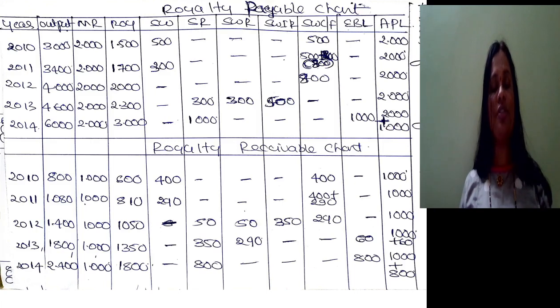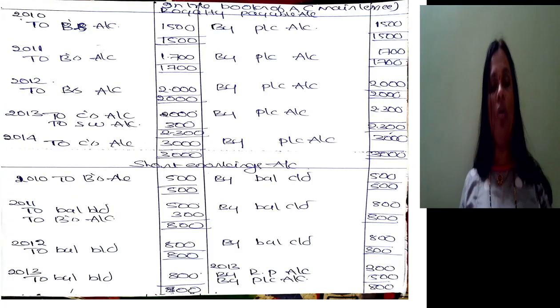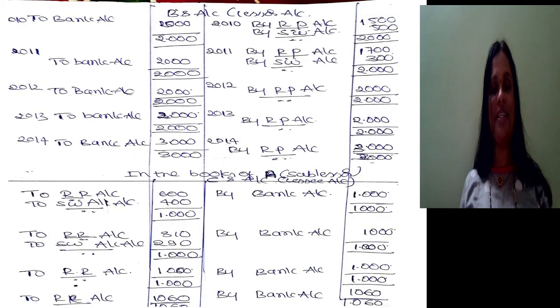The fourth year is equal to the fourth situation and the fifth year is equal to the fifth situation. Being aware of this, now we have to pass entries.